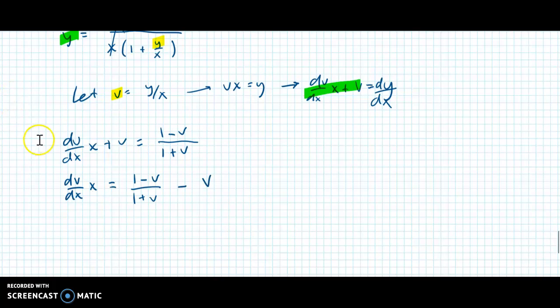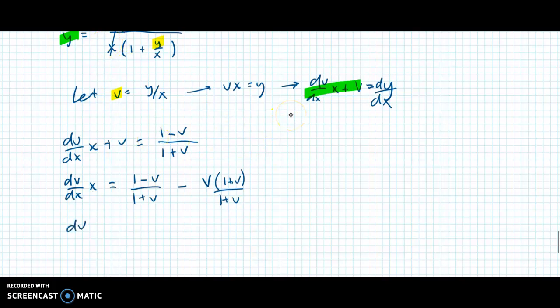This is the technique that shows up a lot later on in the course, when we do the Laplace transform, actually. So I got this, and I need to get them together, right? Well, in this case, the easiest way to do that is to find a common denominator, which is 1 plus v. So if I multiply this by (1 plus v) over (1 plus v), then I can put these two pieces together.